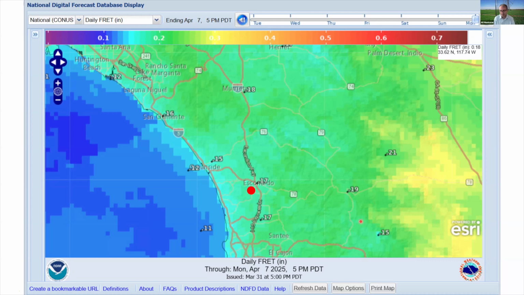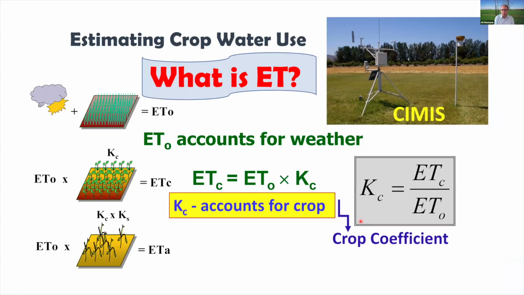for your irrigation scheduling. So we have another ET, we call it ETC. So the ETC is for your individual crop, depending on which crop we are talking about. So what you need is the ETO, which comes from the CIMIS station, and you multiply that ETO by KC, which accounts for the crop.